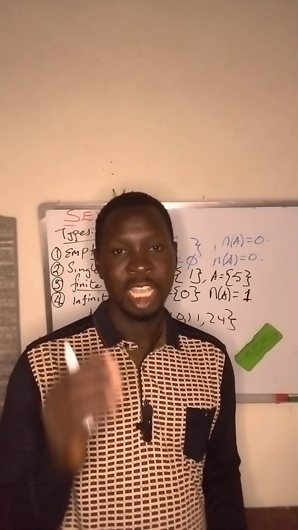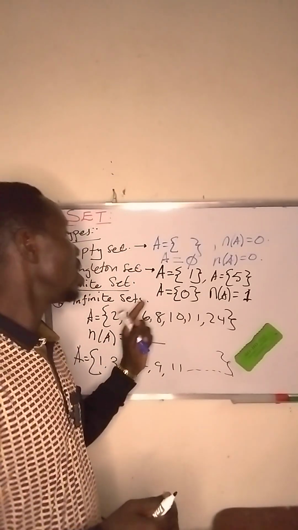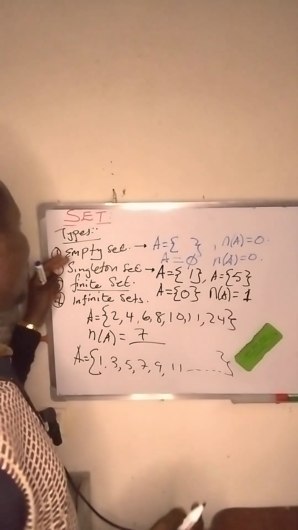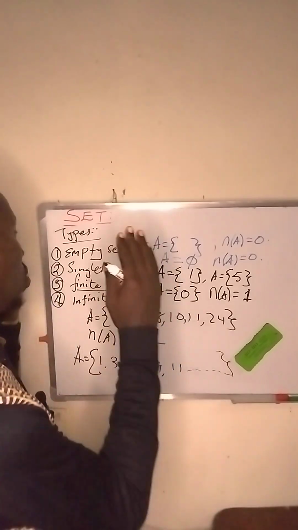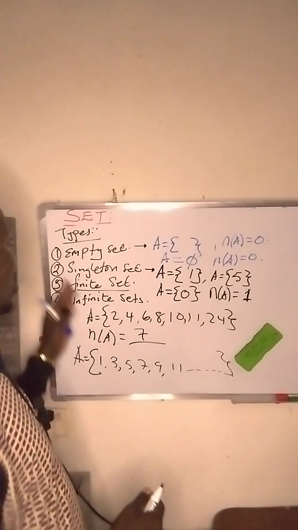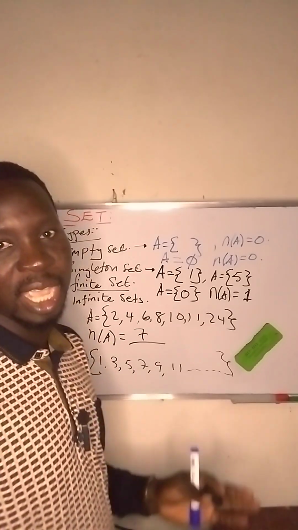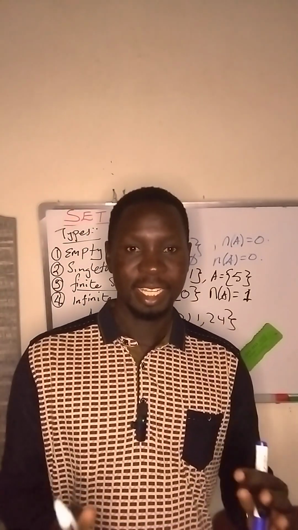That qualifies to be what we call an infinite set. When it comes to UNEB, I need you to understand the types of sets and how they are applied in our daily life.